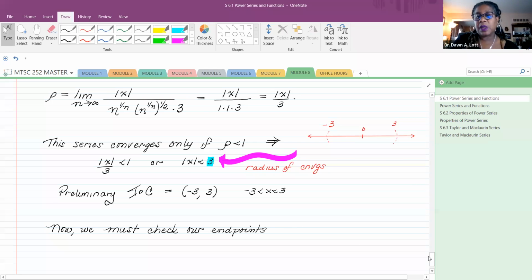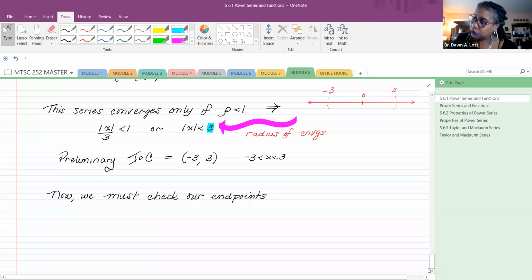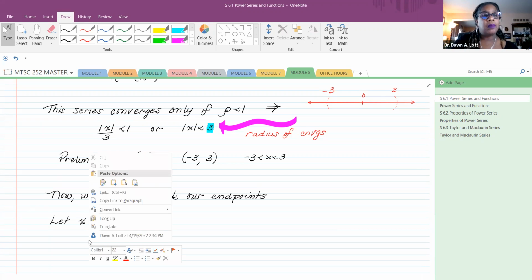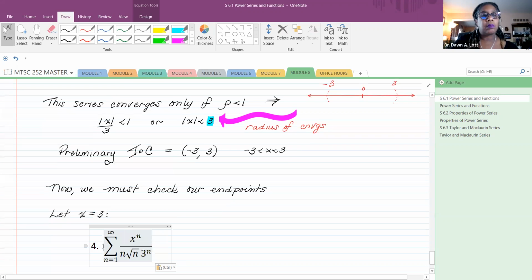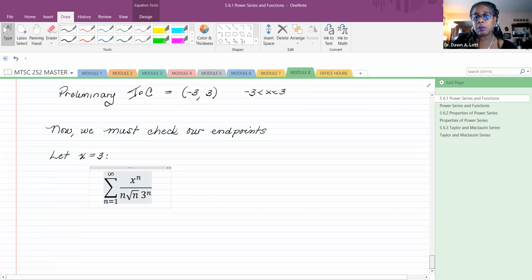So now we have to check our endpoints. So let's let x equal 3, and bring back the original series. Okay.